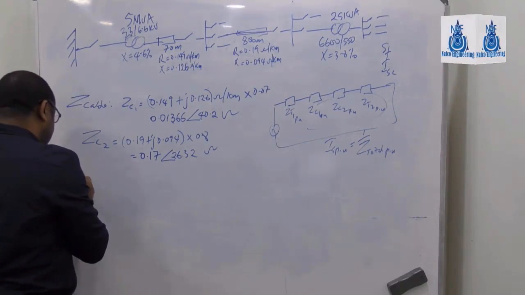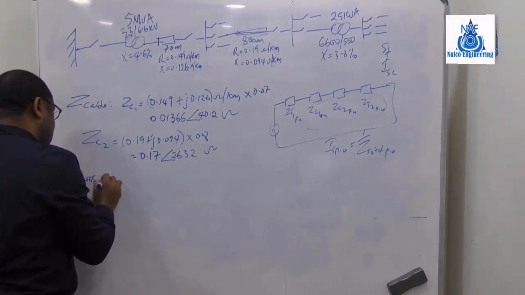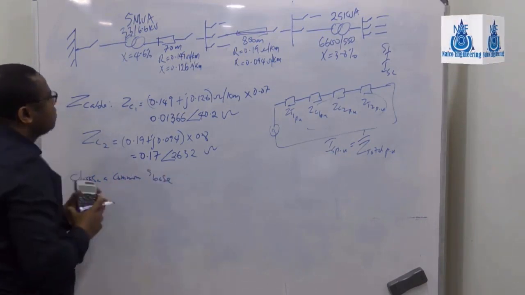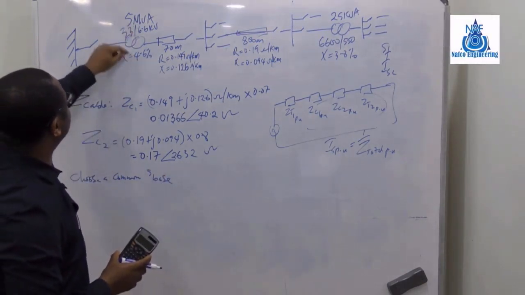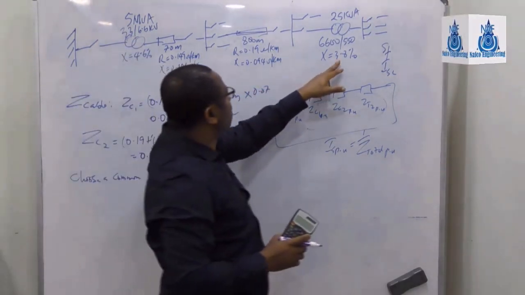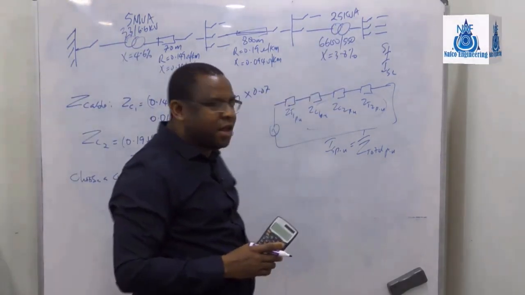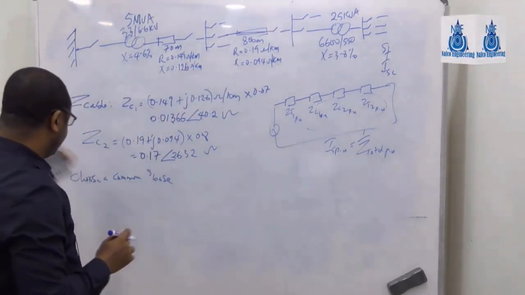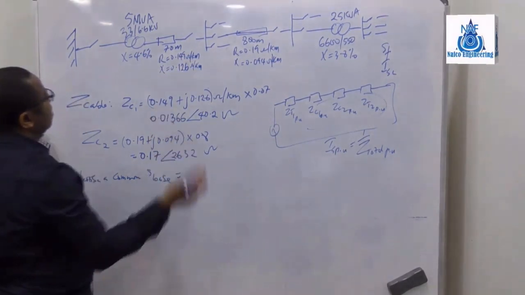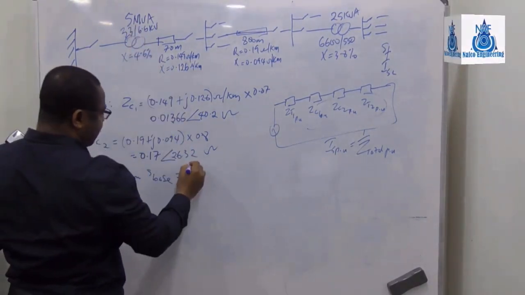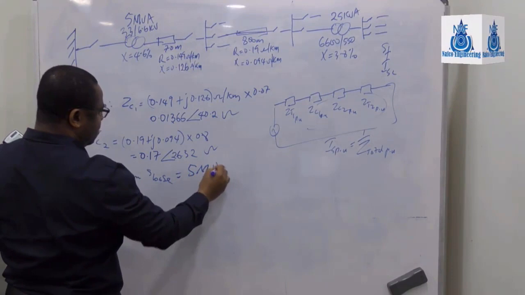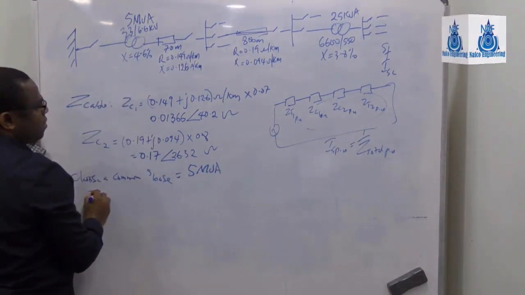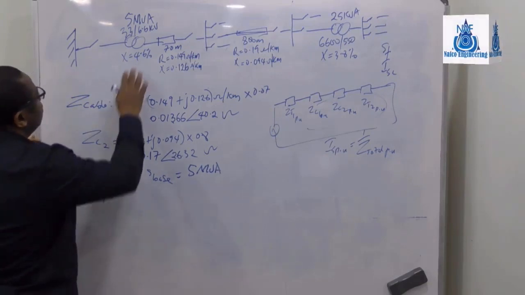So choose a common base. Let's choose a common S base, because this impedance is based on 5 MVA, this one is based on 25 kVA, and these are in ohms, so I must have a common S base. You can choose anything. I can just take 5 MVA as our common base. If I do that, the Z of transformer 1 will remain.